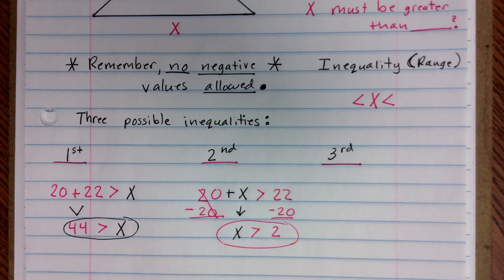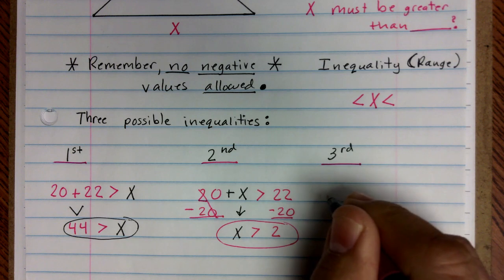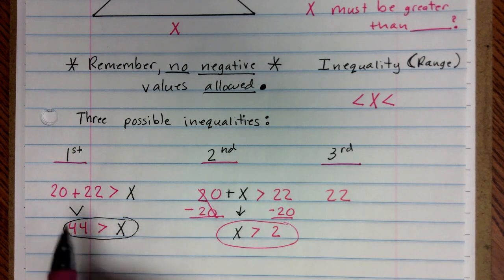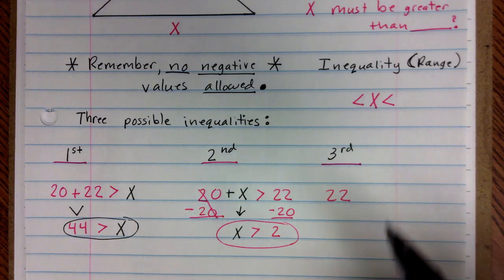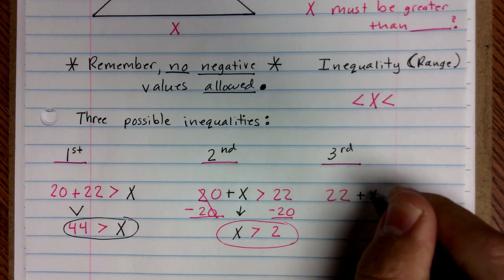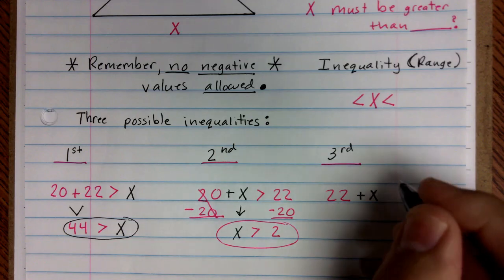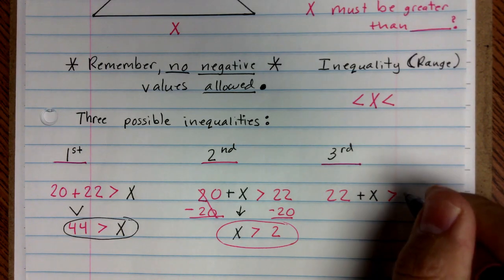Now I'm going to do the third one because I want you to see what it would look like when you have one that you're not going to use to describe the range. So I'm going to put 22 on this side, right? We had 20 plus 22, 20 plus x. And now I'm going to do 22 plus x. And it too will be greater than 20.